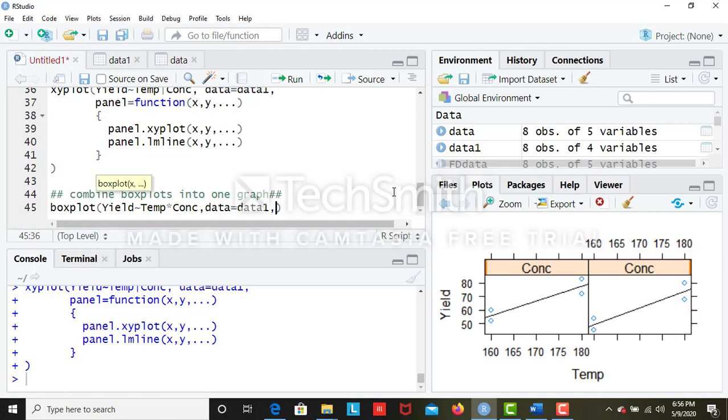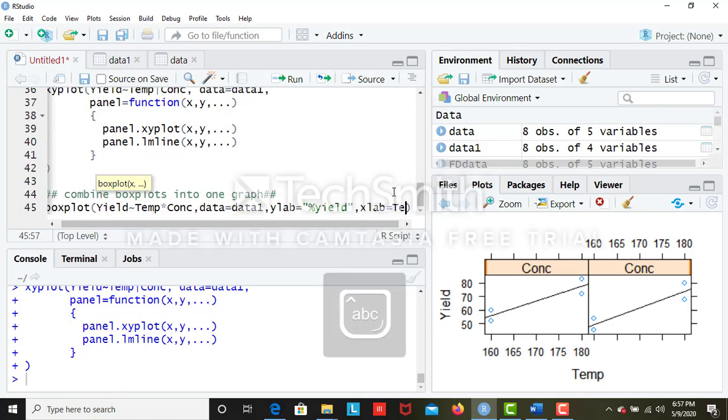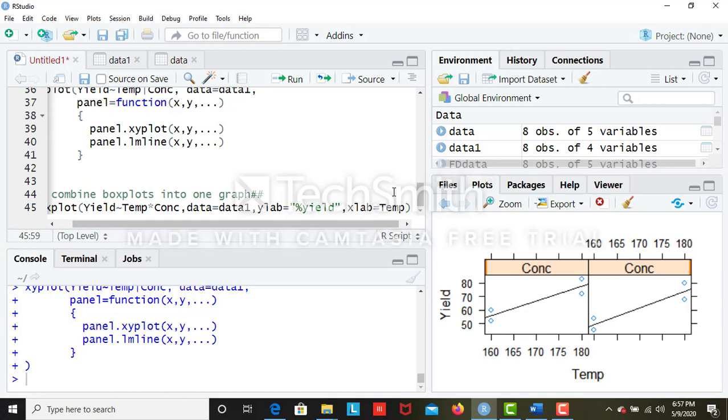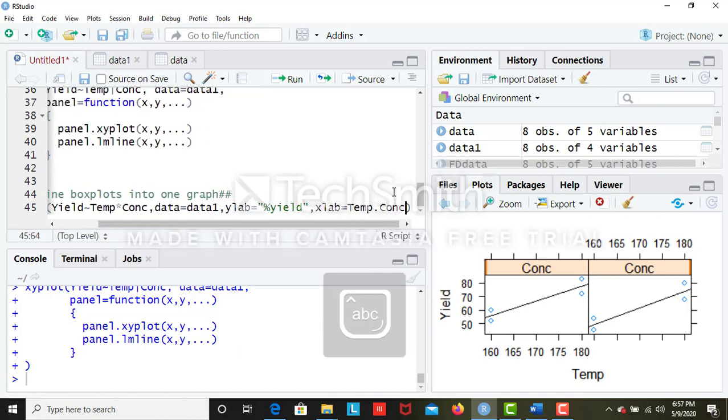I have my y-axis equal to percent yield, and my x-axis equal to temperature and concentration. I have to put this in parentheses, in inverted commas.